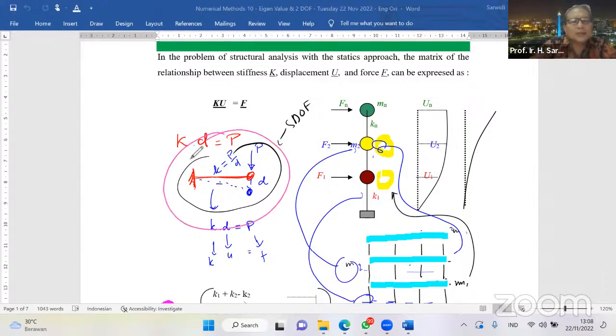The red bar is pure fixed, fully fixed, and the one on the right is free.